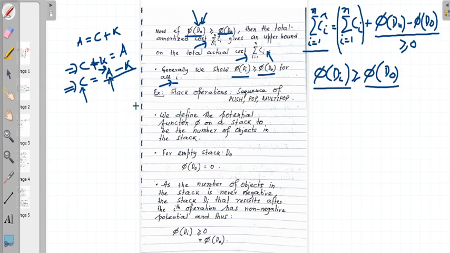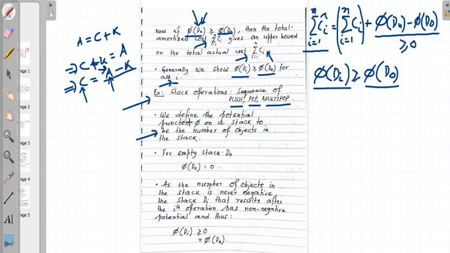Now we are going back to our example, stack operations. We have a sequence of push, pop, and multi-pop operations. We define the potential function phi on a stack to be the number of objects in the stack. We have already discussed how the phi function is defined on our stack example.